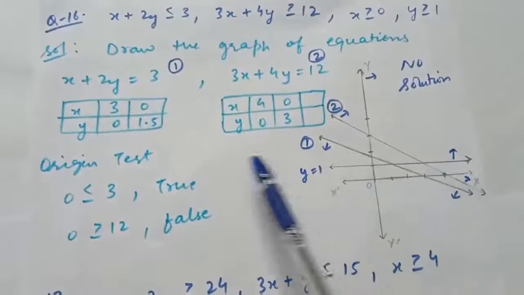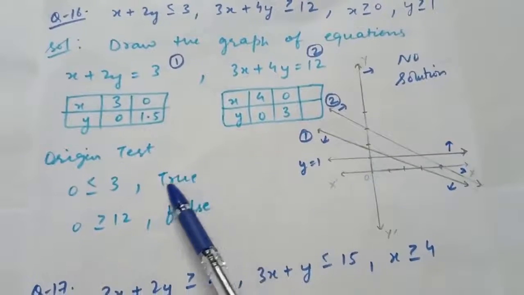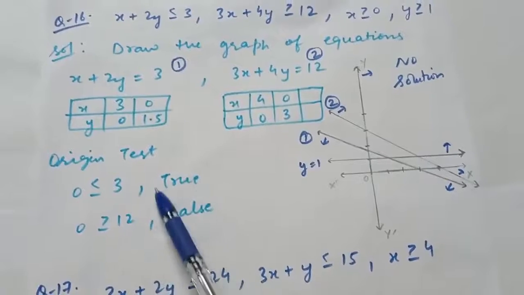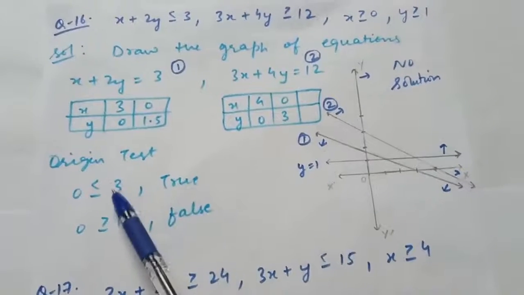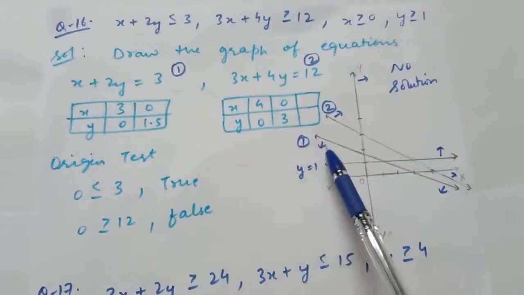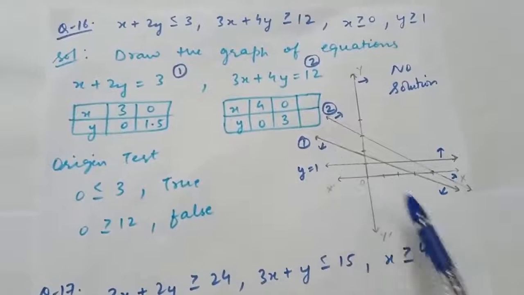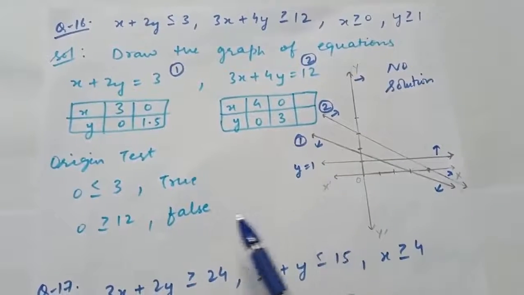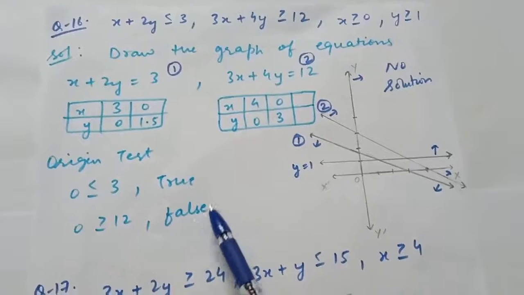So we have drawn this line y equal to 1. Now, the first line satisfies the origin test. Therefore, because 0 less than or equal to 3 is true, the solution will lie towards the origin. Draw these arrows. The second does not satisfy the origin test.